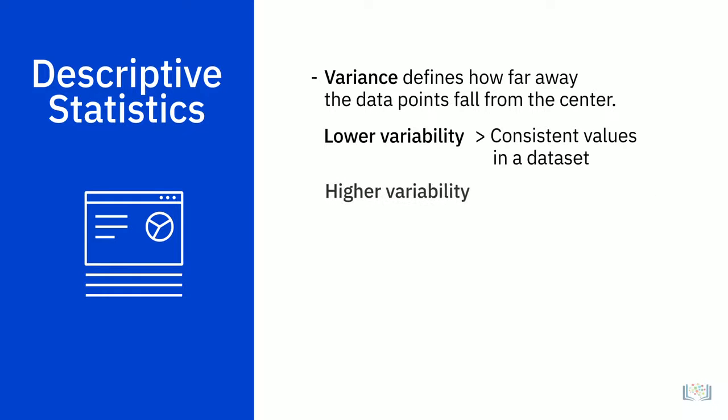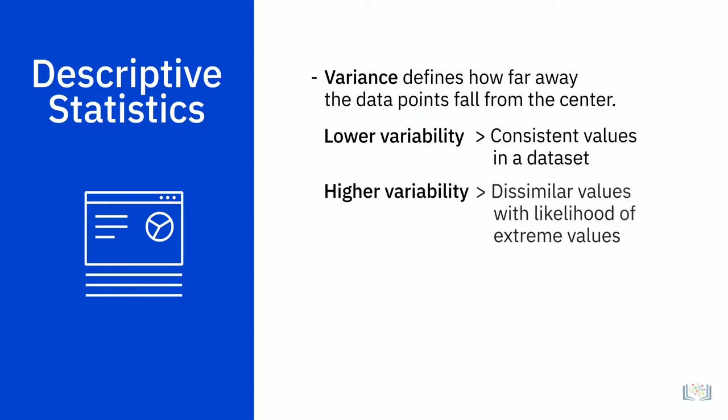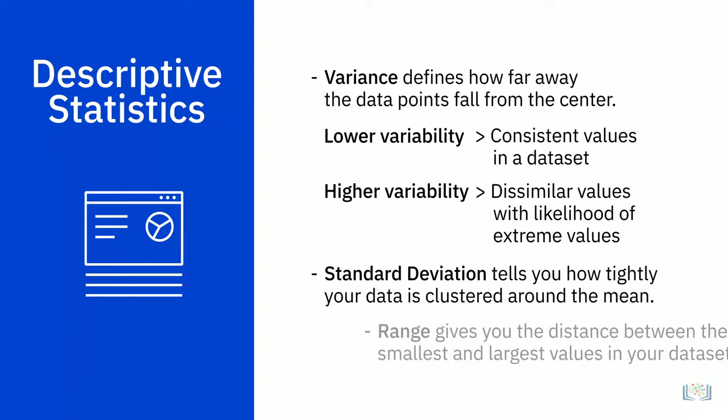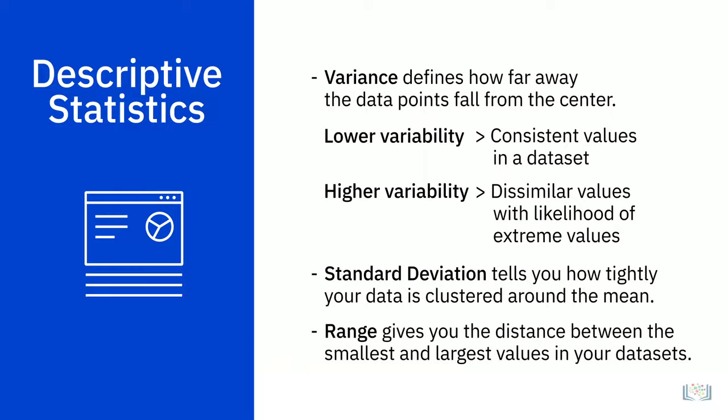However, when the variability is higher, the data points are more dissimilar, and extreme values become more likely. Understanding variability can help you grasp the likelihood of an event happening. Standard deviation tells you how tightly your data is clustered around the mean, and range gives you the distance between the smallest and largest values in your data sets.